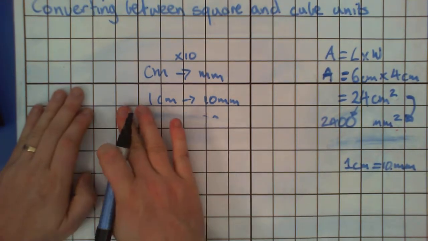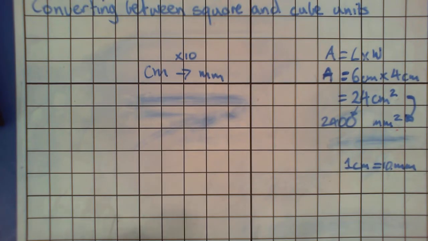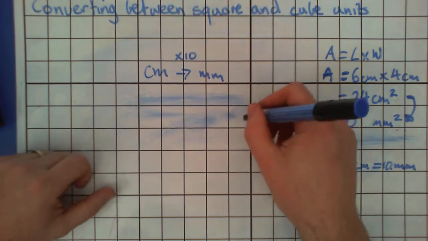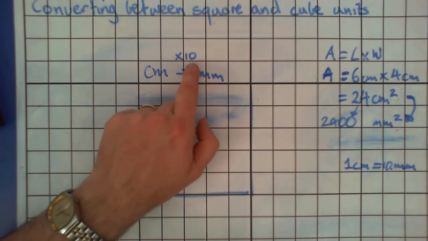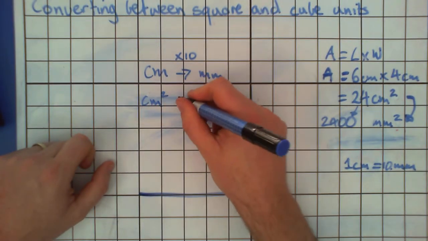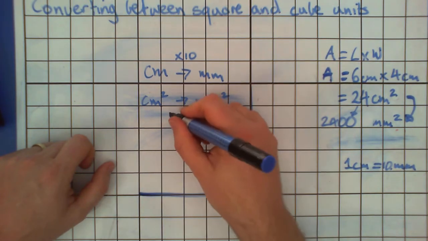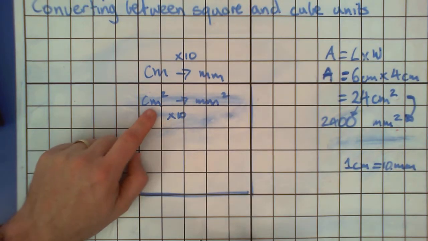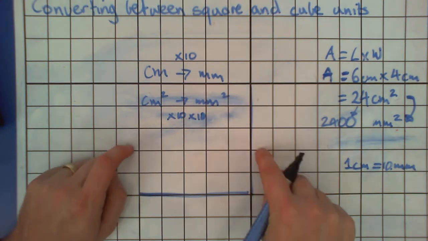Okay, but remember, when we're doing our area, we had to convert 2 of our sides, both our length and our width. That means when we convert from centimeters squared to millimeters squared, we need to times by 10 for our length and also times by 10 for our width.